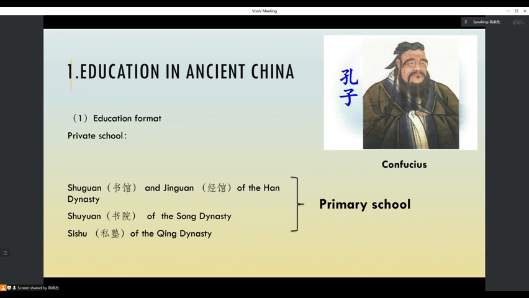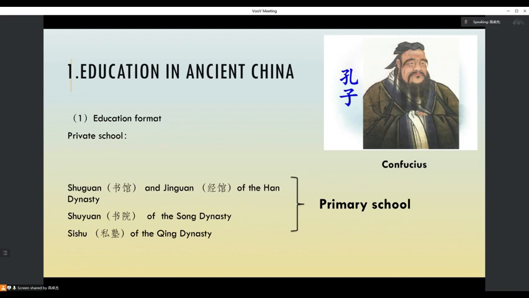In traditional Chinese culture, to learn something just means to read books. If you read the books hundreds of times, you can learn something, not by a teacher, just by reading.